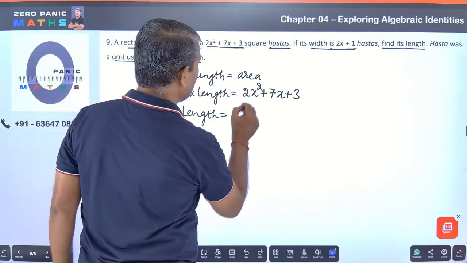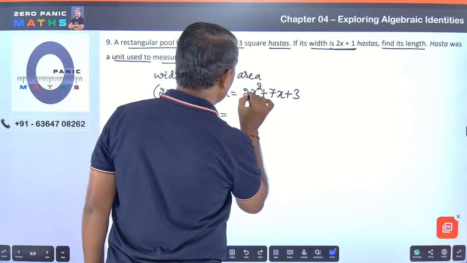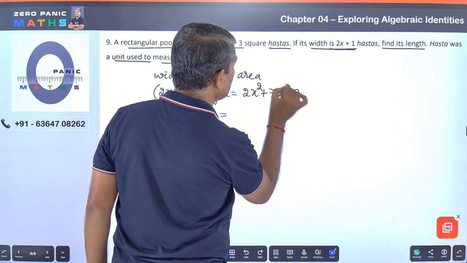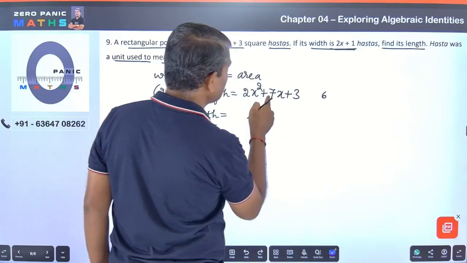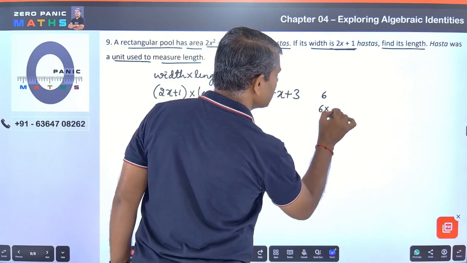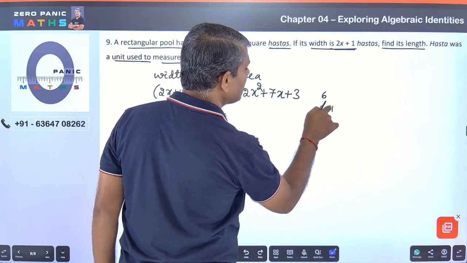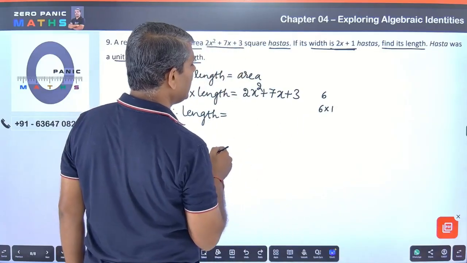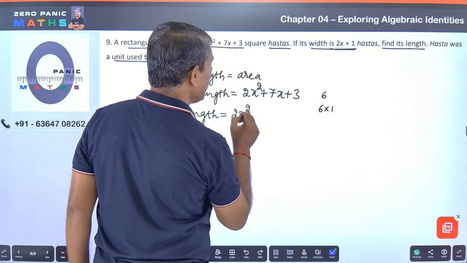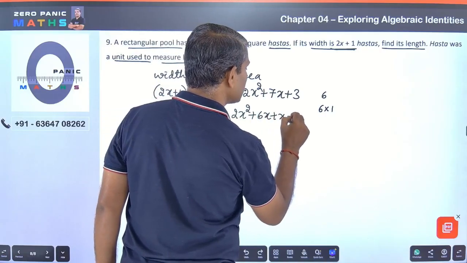Okay, so let me write 2x square plus 7x. Again, you have to multiply the coefficient of x square by the constant term, that is 2 times 3, that is 6, and the middle term is 7x, so it will be 6 and 1. Multiplying which will get you 6, and adding 6 and 1 will get you 7x. So let me write that as 2x square plus 6x plus x plus 3.